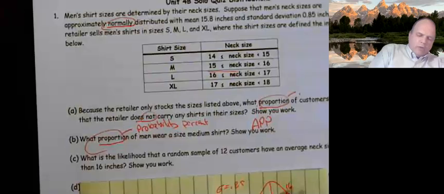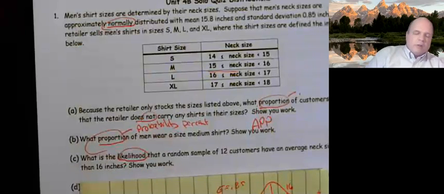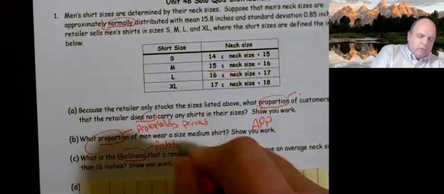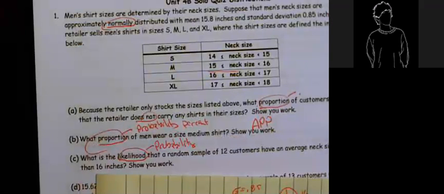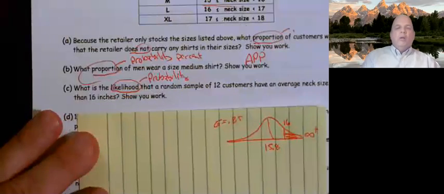And they want greater, so I'm shading up. I'm shading to positive infinity. Now they use the word likelihood. That is a word for probability. What's the probability? So that makes that a norm CDF.